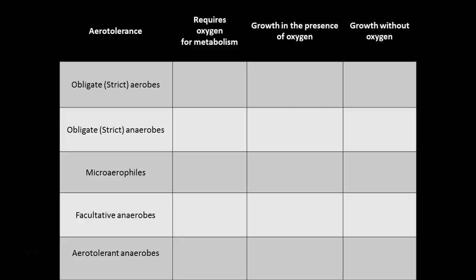Why don't we die? These are toxic, we even make them. Why aren't we dead? The answer is one of our questions. We have enzymes that convert the toxic forms into safe forms of oxygen.